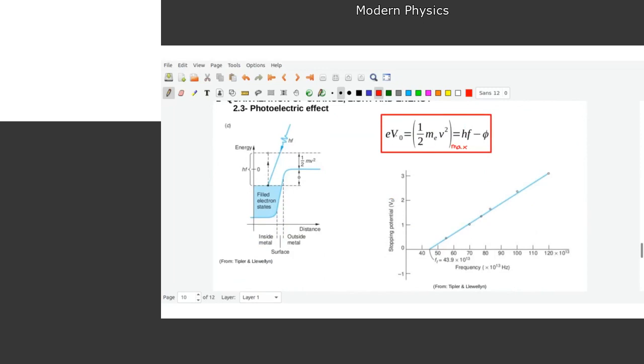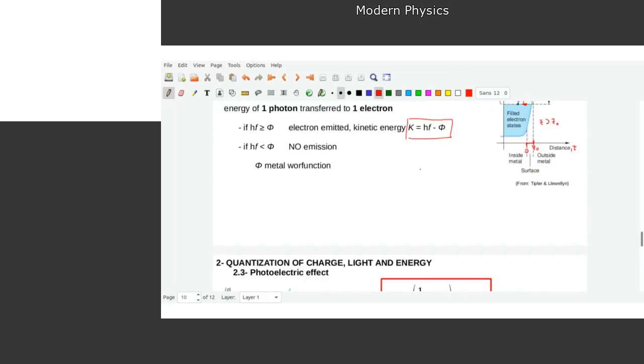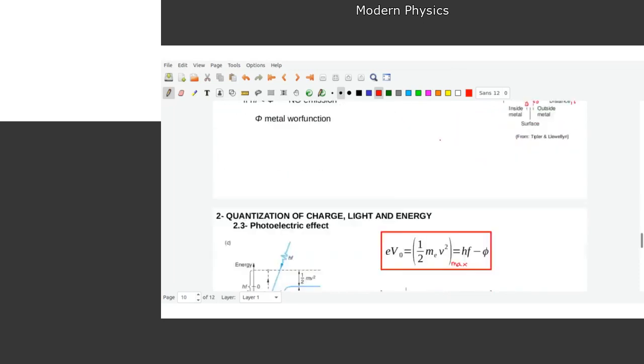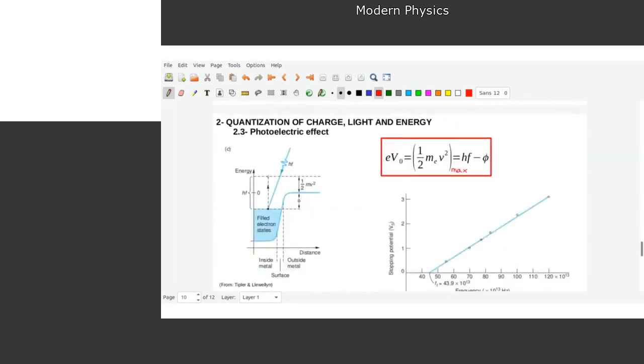So this is the stopping potential. We saw that eV0 is equal to the maximum kinetic energy, and we can write it in this form: hf, the energy of the photon, minus the work function of the surface.